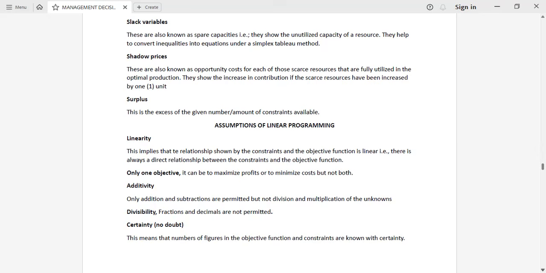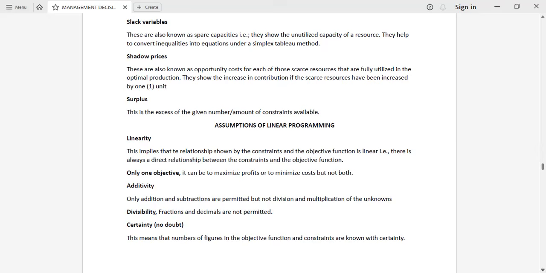So these resources that we are going to use should have a direct relationship between the objectives and themselves as the constraints. For example, if it's a business and you probably want to maximize profit, then in order to achieve that, you need to produce the output you will sell.